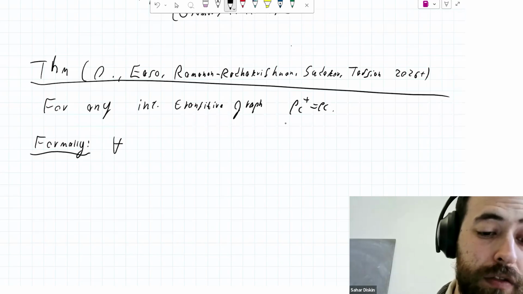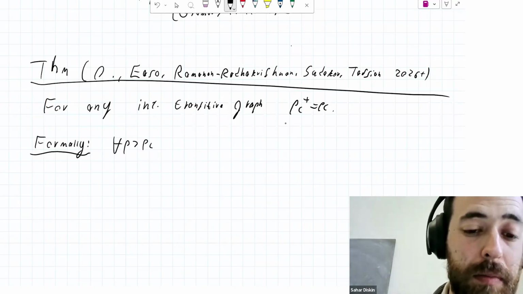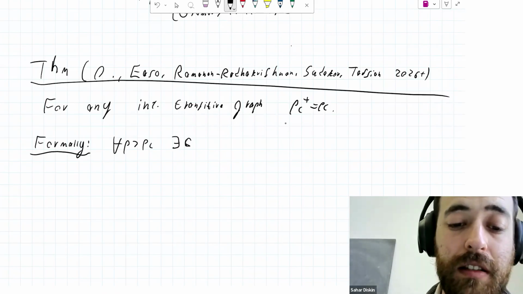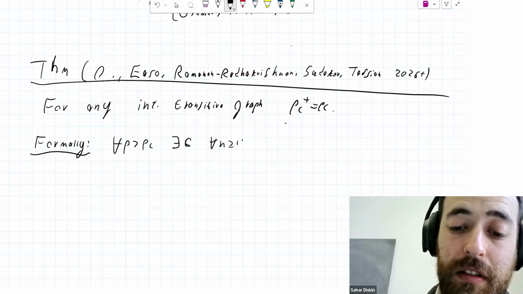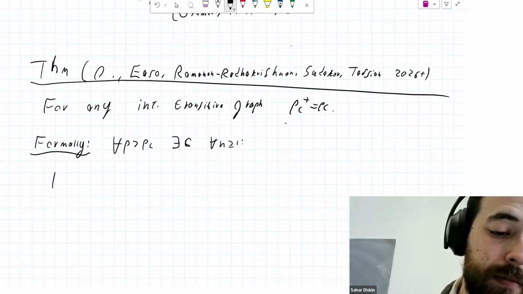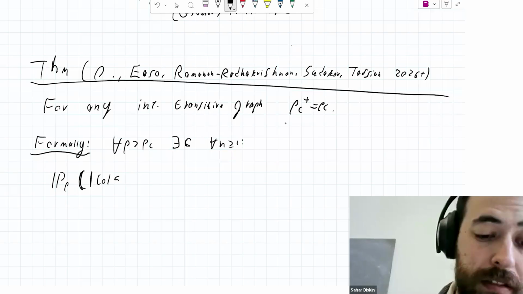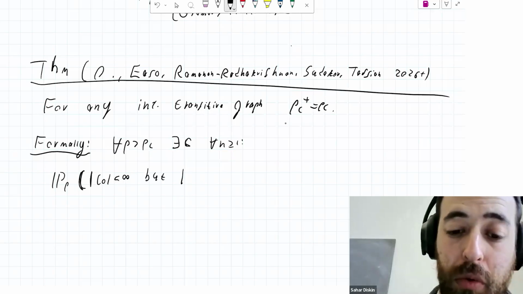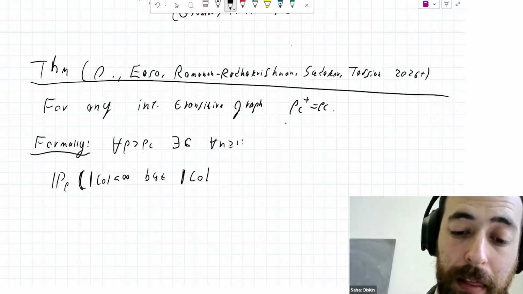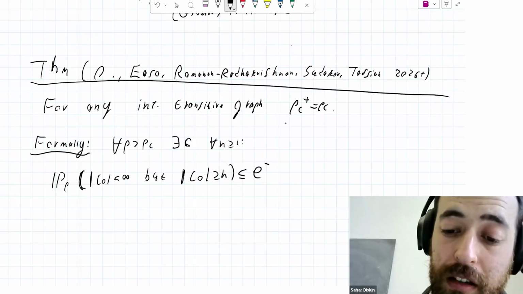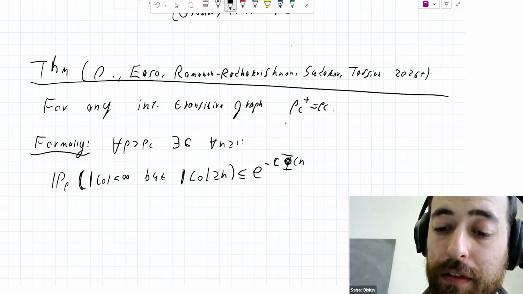So we show that for every p above the critical probability, there exists a constant c, which could depend on p and on p_c, but remember, these things are constant, such that for every integer n, the probability under p percolation that the cluster of the origin is finite, but manages to reach quite a large size at least n, is at most exponential in some constant c, the same constant c that we said, times phi of n.